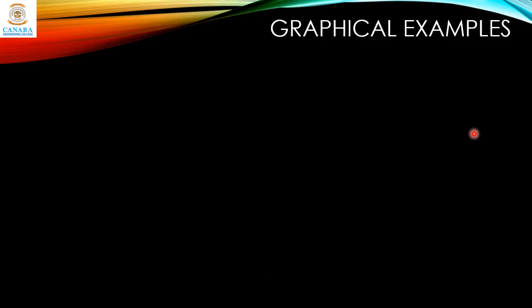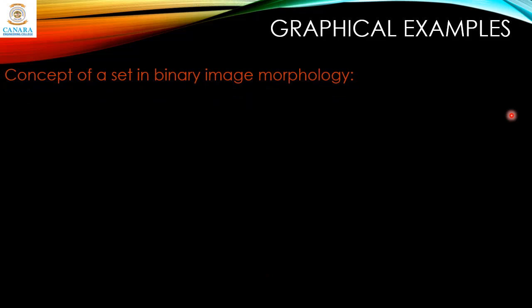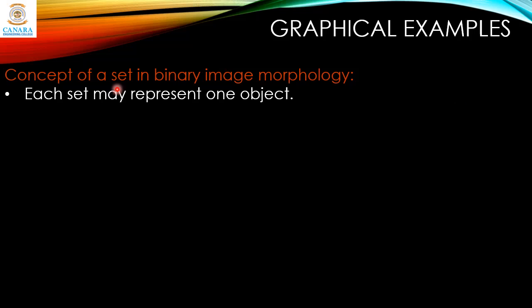So let us illustrate this set theory graphically. We are dealing with images, so the concept of a set in binary image morphology is that each set may represent one object. It could be a building, it could be a car, it could be a person. So we are dealing with binary images here. That is the key point we should remember, binary image morphology.